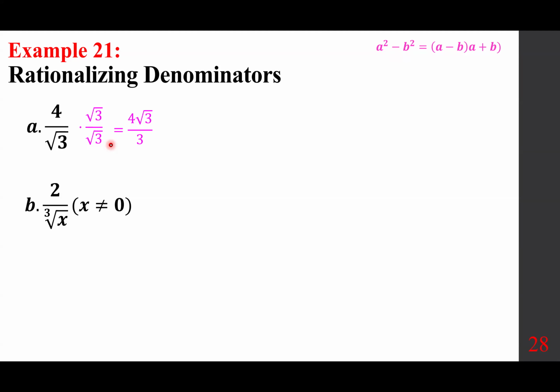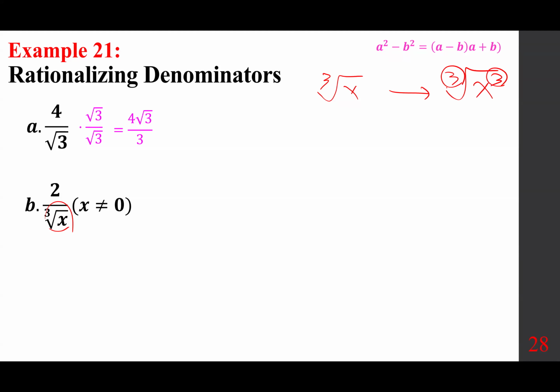Two over cube root of x. Of course, x can't be 0. It's important to know the index is 3 here versus the index was 2 here. That's why square root of 3. So if I multiply by cube root of x, nothing happens. Rather, if I want this one to come out, somehow it comes out if I have x cubed.